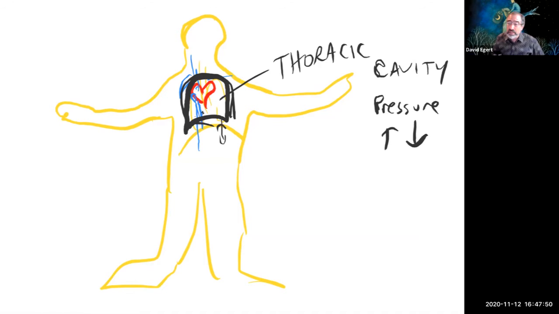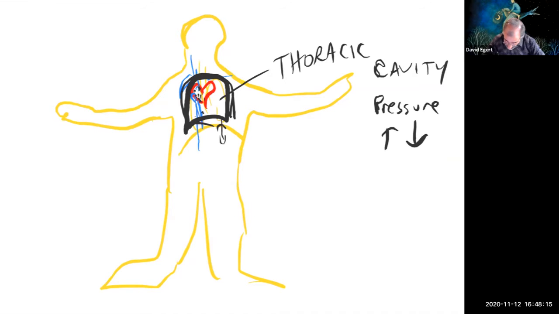And you have these major veins coming back. The vena cava is right in the middle here. The ventricles and the atria are in here. So they're getting pumped, pulled back and forth, as with every breath you take, there is this pumping of blood back into the heart.